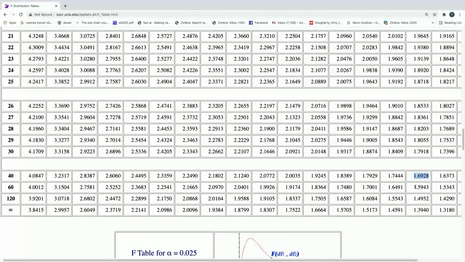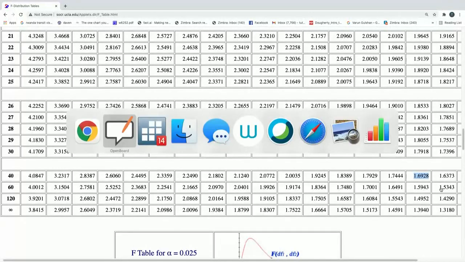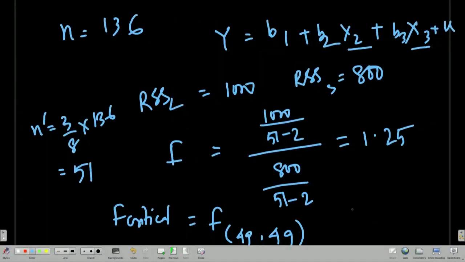And this one 1.59, 1.53, let's say it is going to be 1.55. So my F critical is going to be somewhere in between 1.55 to 1.65, right?